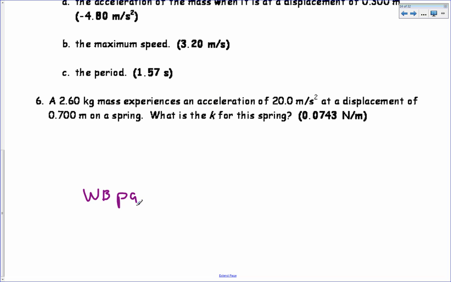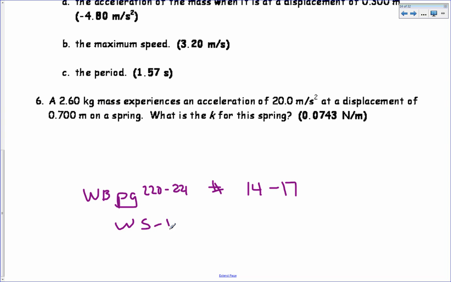So in your workbook, sorry about my cough, page 220 to 221. Question numbers 14, 15, 16, and 17. So 14 to 17.